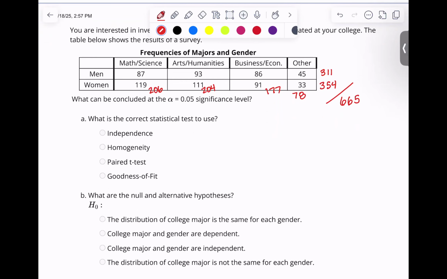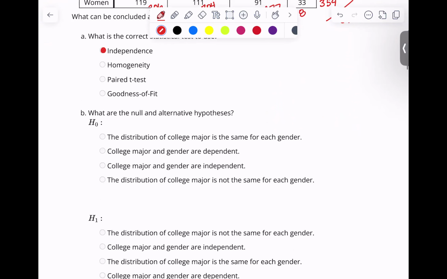All right, so what are we doing here? We're doing a test of independence. Is gender independent from your major, or is major independent of gender?